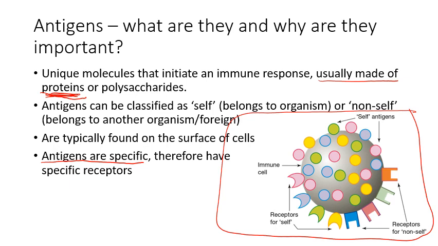Now, if we look at this image on the slide here, you can also see that on the other side, we have these receptor shapes being labeled. So there's receptors for self, okay, and you can see that these receptor shapes here are complementary in shape to the colored circles that are on the surface of my cells.